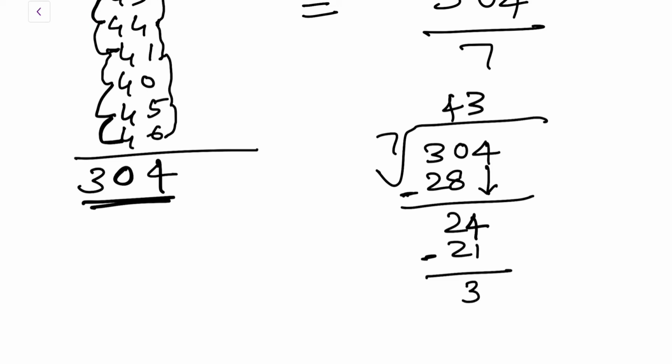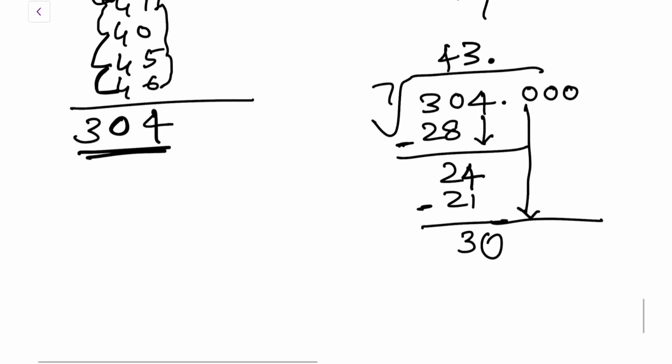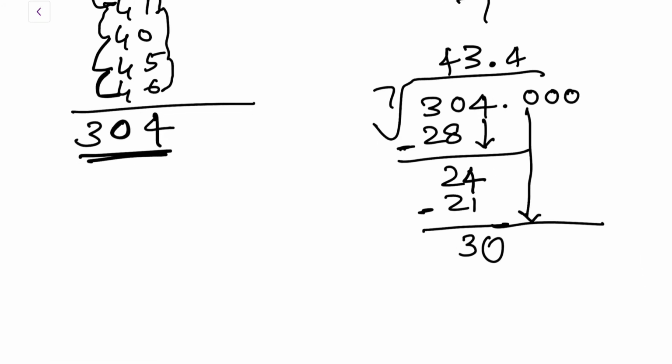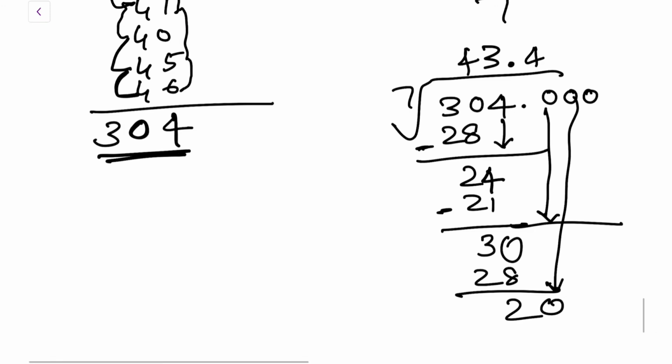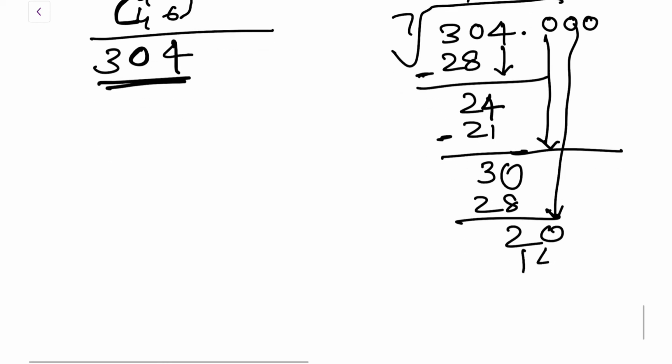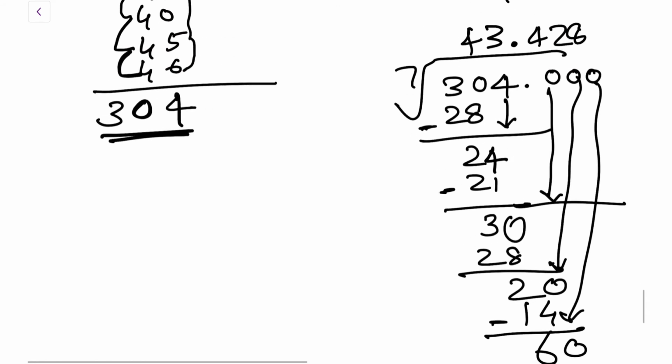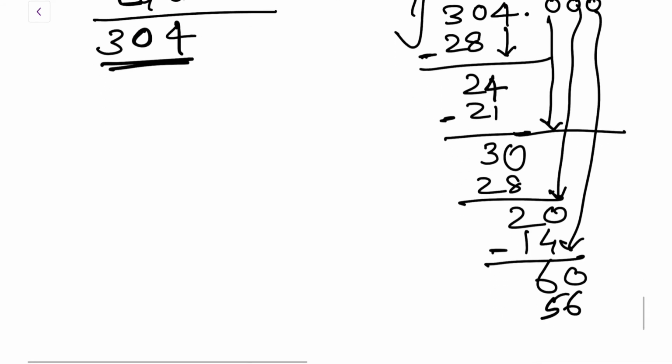Since it's not 0, you can write it as a decimal number, and before you bring the next place down, put a decimal point. 7 4s are 28, 2, bring the next digit down, 7 2s are 14, 6, bring the next down, 7 8s are 56.